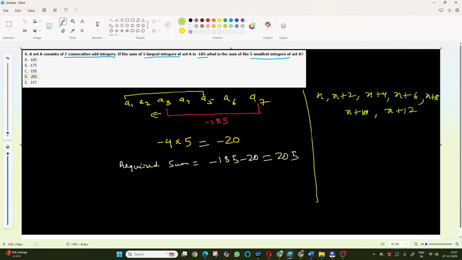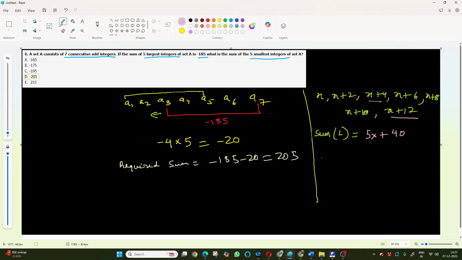So if you look at that sum, the sum of the largest 5 numbers, let's call it sum of L, is nothing but starting from x plus 4 till x plus 12. So we have five terms. So we have 5x plus 4 plus 6 is 10, plus 8 is 18, plus 10 is 28, plus 12 is 40.